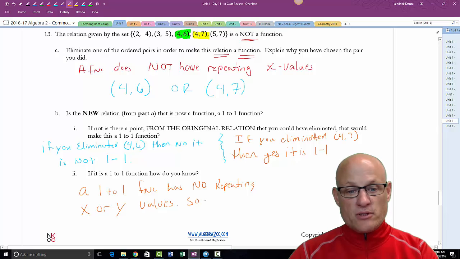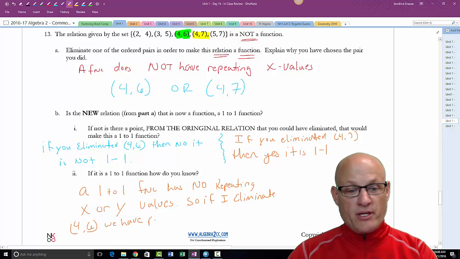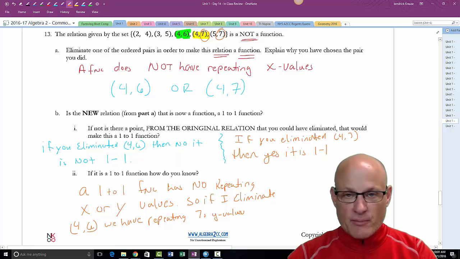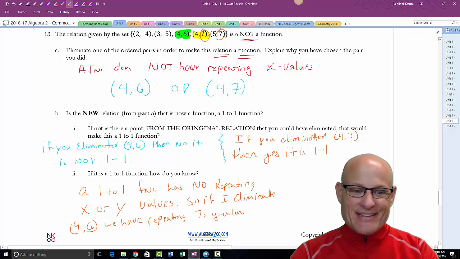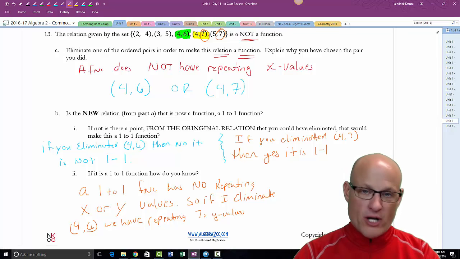So if I eliminate (4, 6), we have repeating 7s as y values. Notice here, 7s repeat. But if you eliminated, and I'm running out of space, but if you eliminated (4, 7), then you have no repeating y values, and therefore it is a 1-to-1 function.